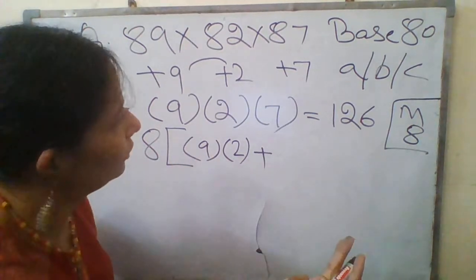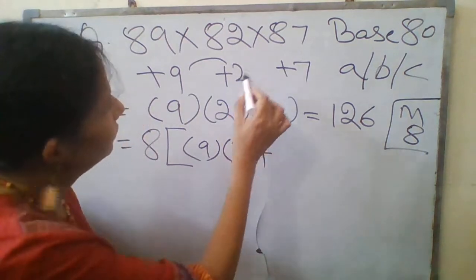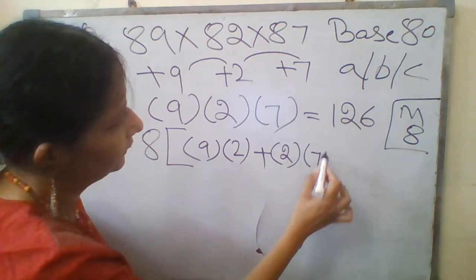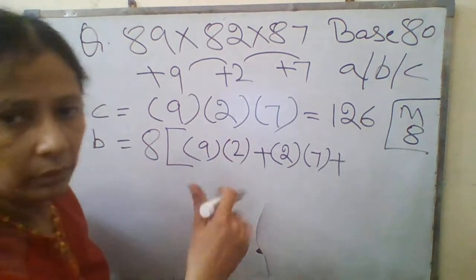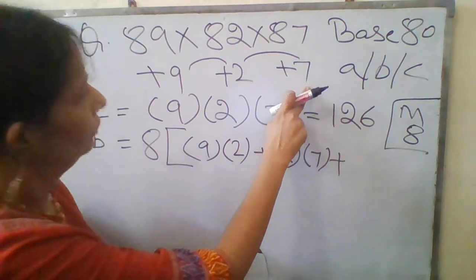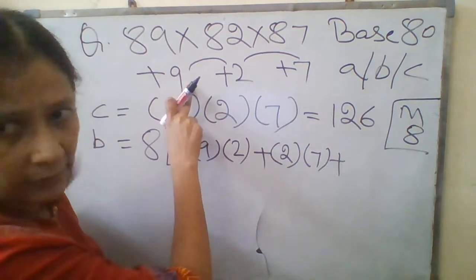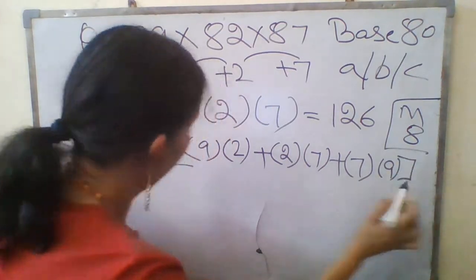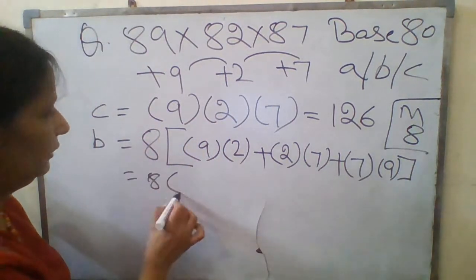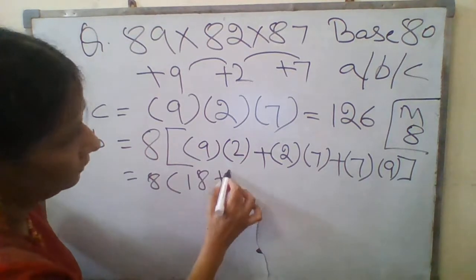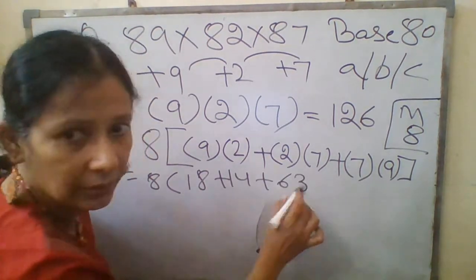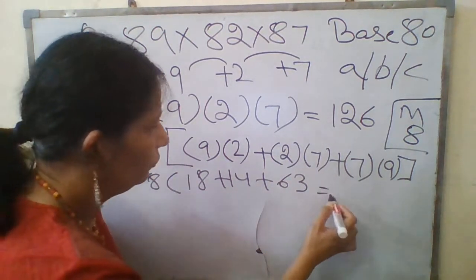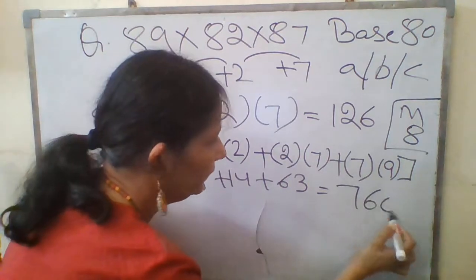Now the next two terms: this 2 and 7, in bracket 2 and 7. Then add. Now the next two terms: this 7 you have not multiplied by 9, so here you will write down 7 multiply 9 and close the bracket. So you will get the answer 760.